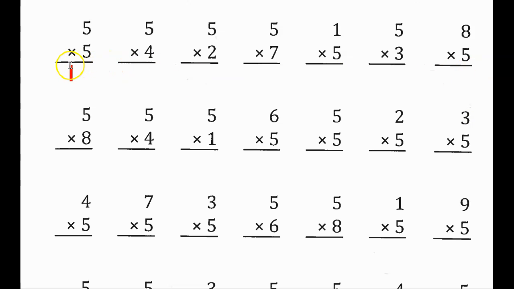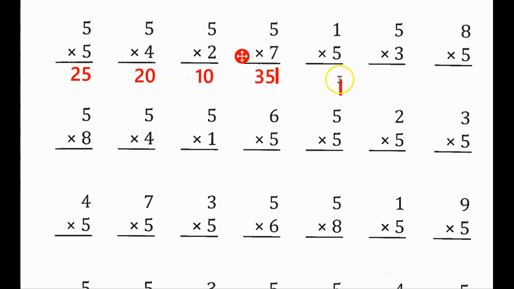5 times 5? 25. 5 times 4? 5, 10, 15, 20. 5 times 2? 10. 5 times 7? Count by 5s. 35.